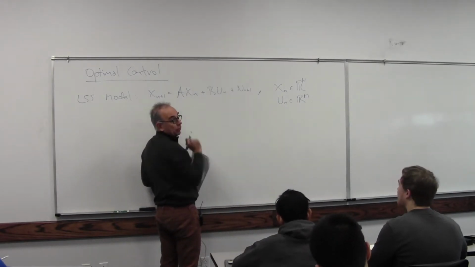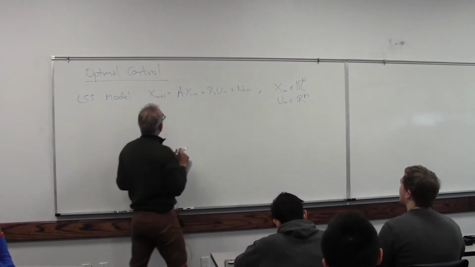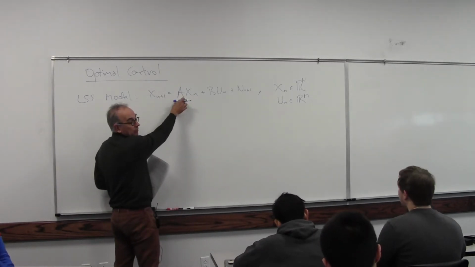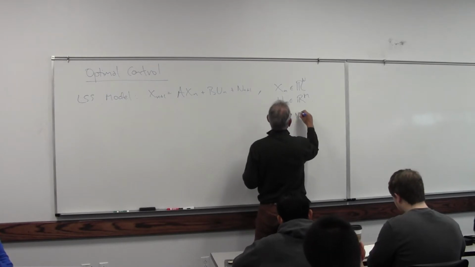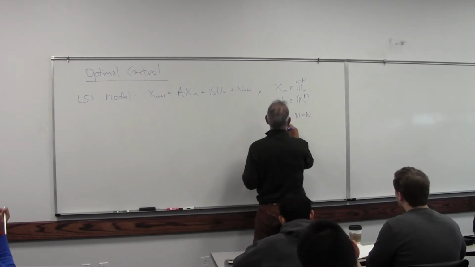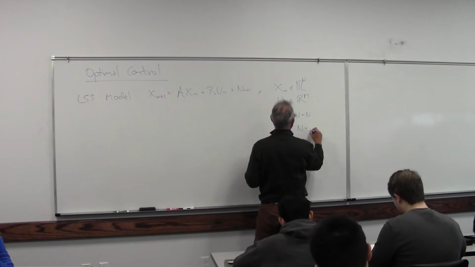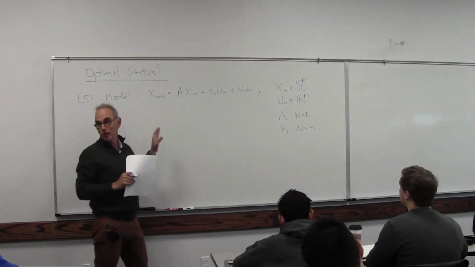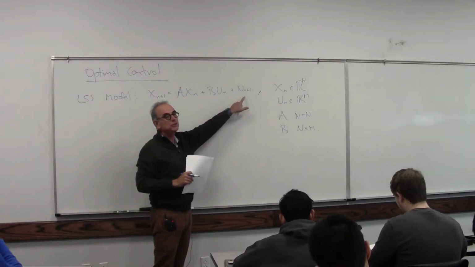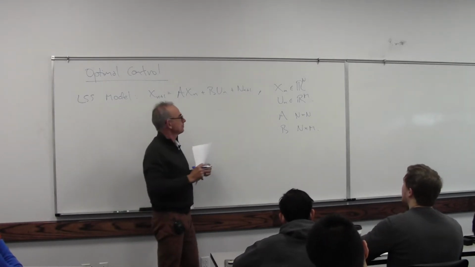Before, in the very beginning, there was no input to the system. And I've got a matrix here of the right dimensions. So A could be an m by m matrix, n by n. And for this to be a controlled Markov model, this noise here, disturbance here, has to be IID.